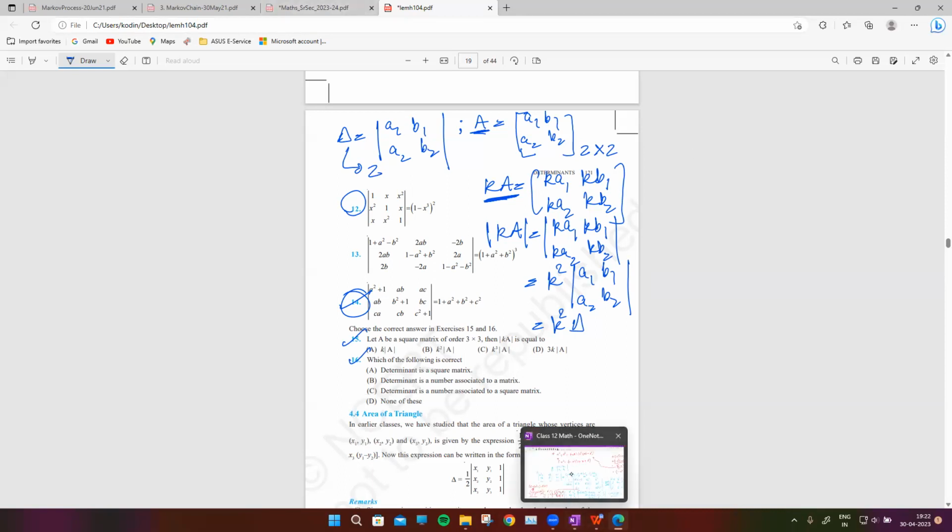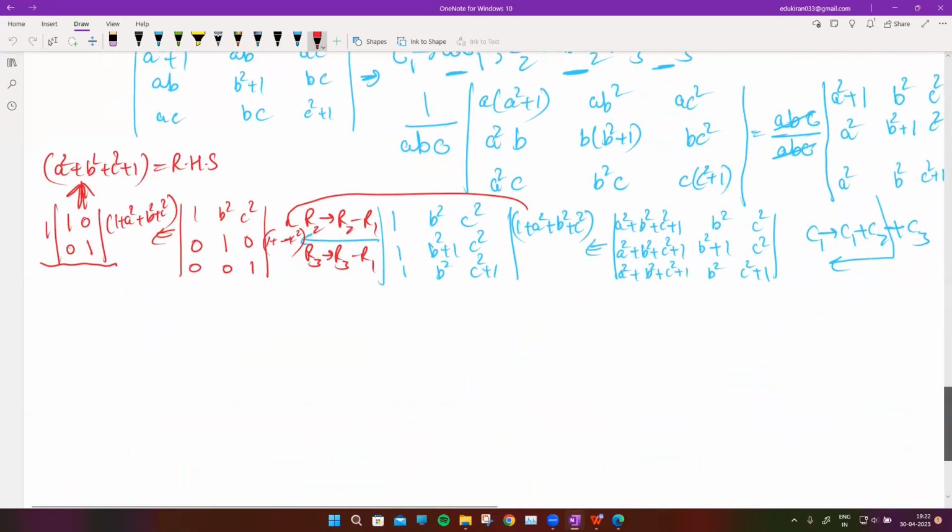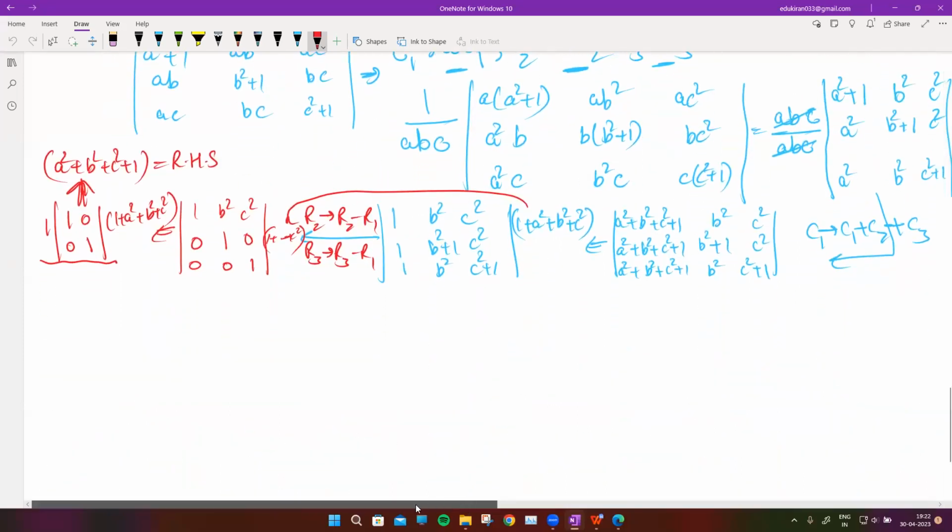So the rule is very simple actually. I will write the rule here.